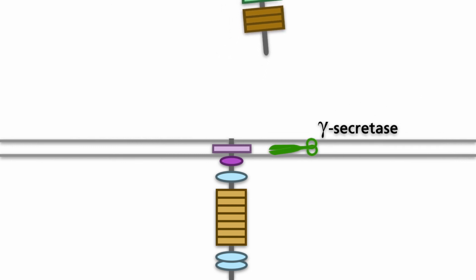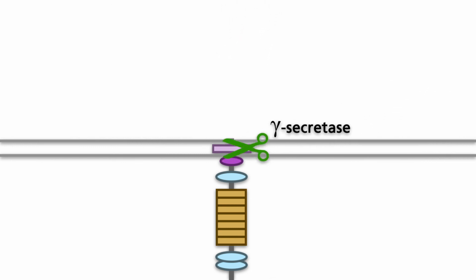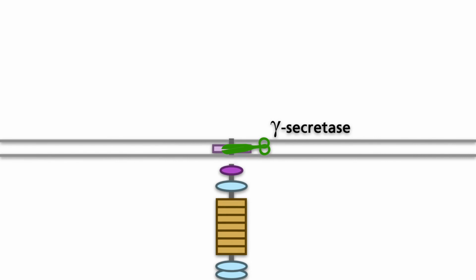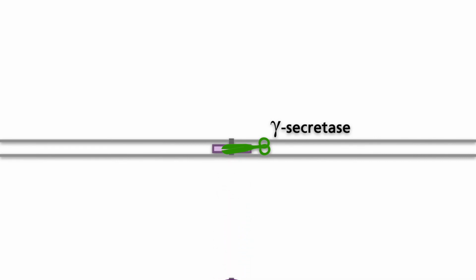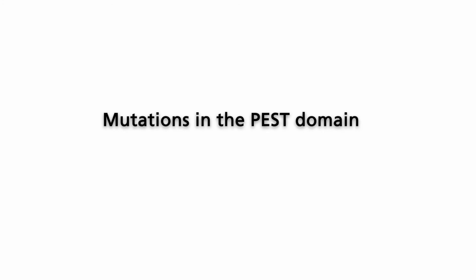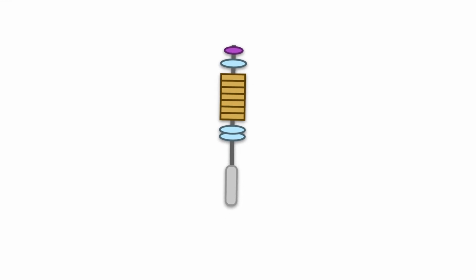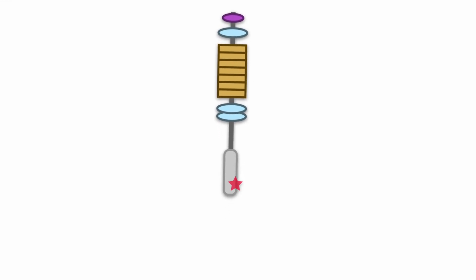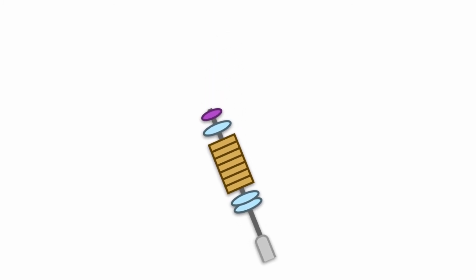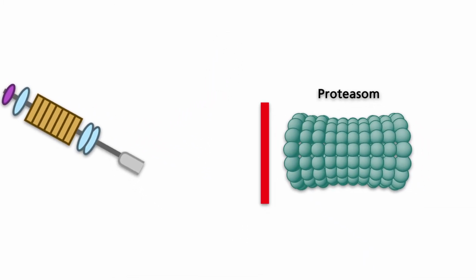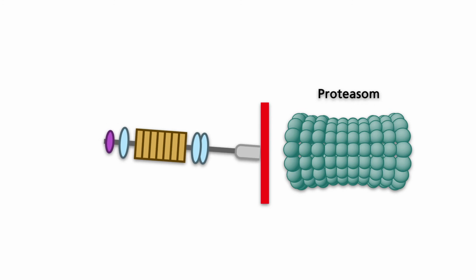Subsequently, the transmembrane domain is cleaved by gamma secretase. This liberates the Notch intracellular fragment, inducing transcription of Notch target genes. Mutations in the PEST domain lead to its truncation. The Notch intracellular fragment can no longer be ubiquitinated and is thus no longer degraded by the proteasome.